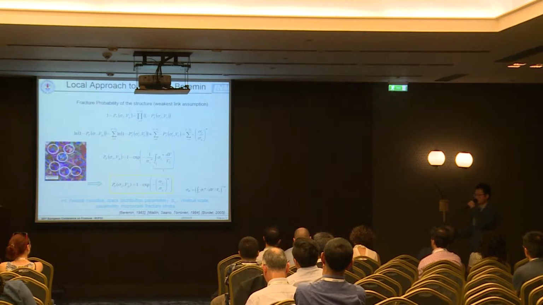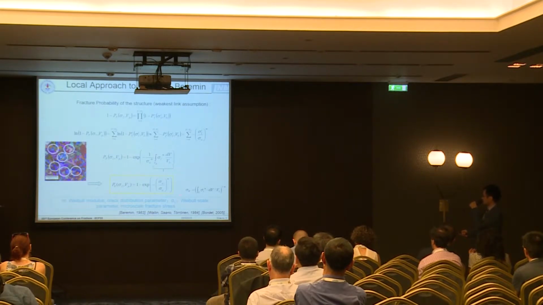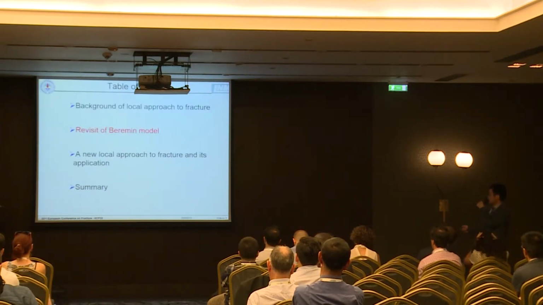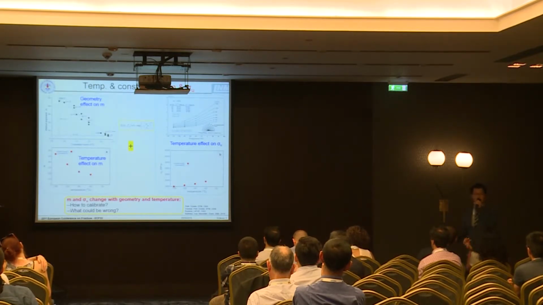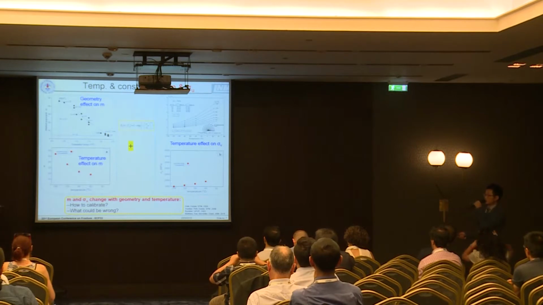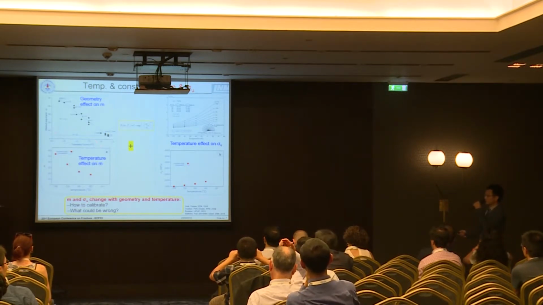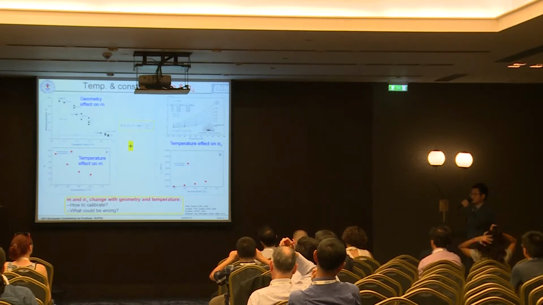Here, sigma W is the Weibull stress, and m and sigma U are material properties. One corresponds to the crack distribution parameter, and the other corresponds to the microscale fracture stress. In order to apply this method to engineering applications, we need to calibrate these two material properties, m and sigma U. Recently, a lot of studies tried to calibrate them and found some difficulty.